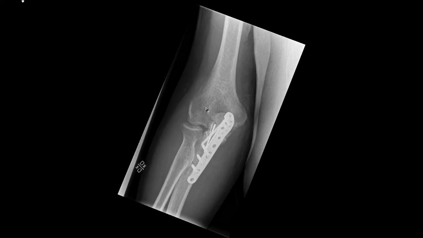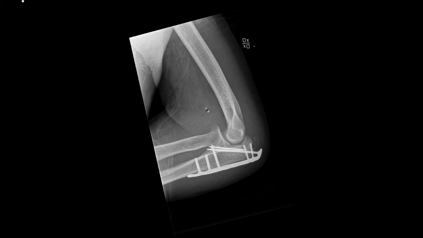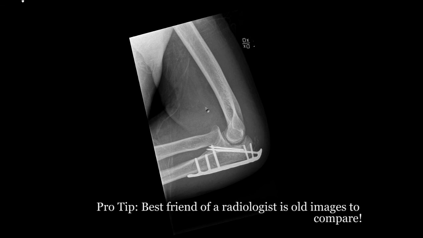Alright guys, so I just have the last patient for you today, and this was a patient who had a previous elbow fracture but came in again with hurting his elbow. So these silly people, what is really good with radiology and the best friend of radiology is old pictures.